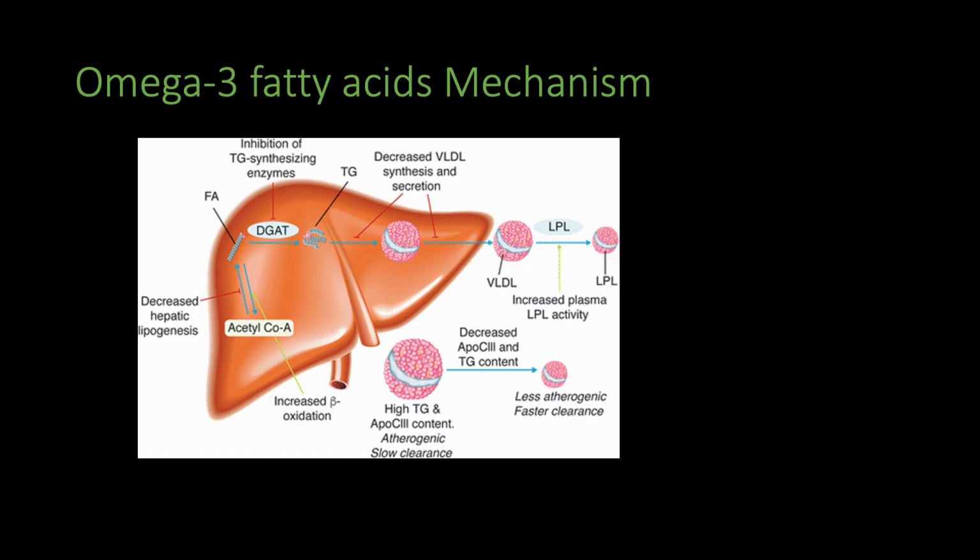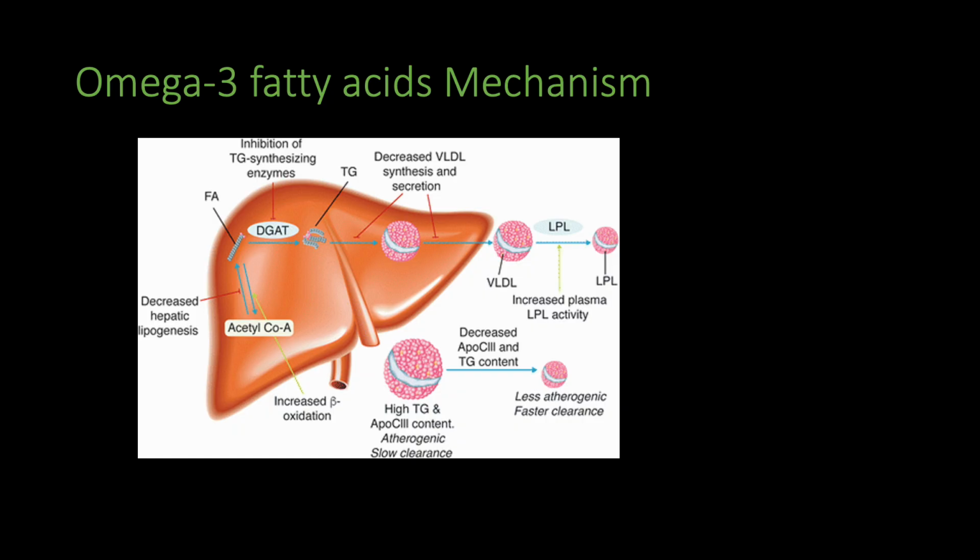Omega-3 fatty acids. One of the medications that you might see in a pharmacy is Vascepa. And how does it work? Essentially, omega-3s inhibit hepatic triglyceride synthesis by reducing the diacylglycerol acyltransferase, DGAT.